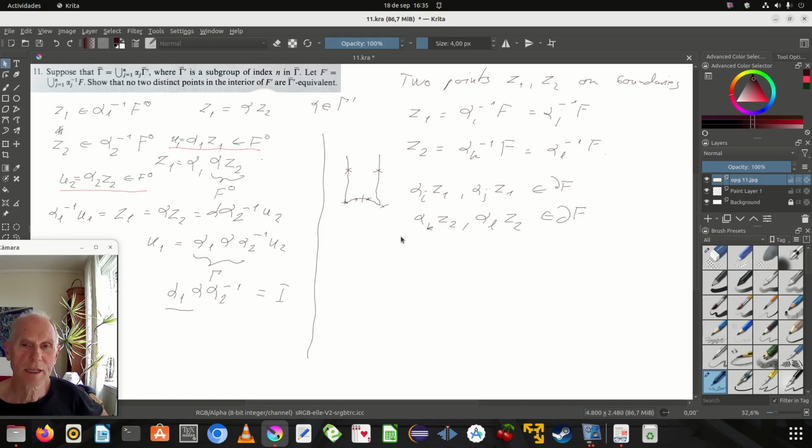And now Z1 and Z2 are equivalent in gamma mark.